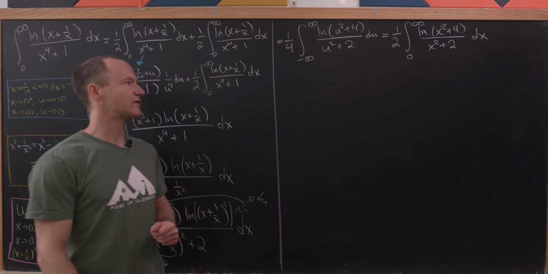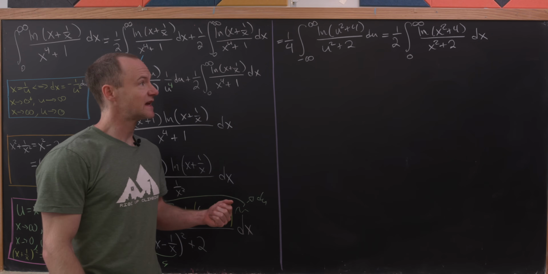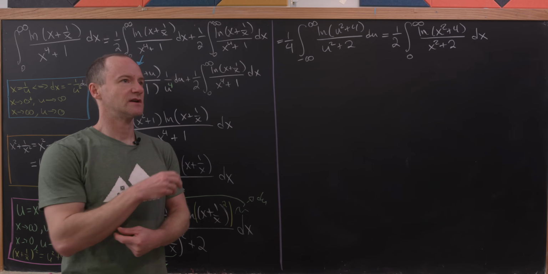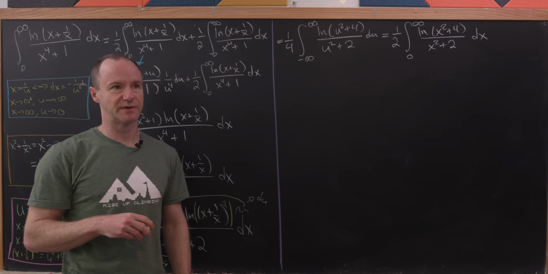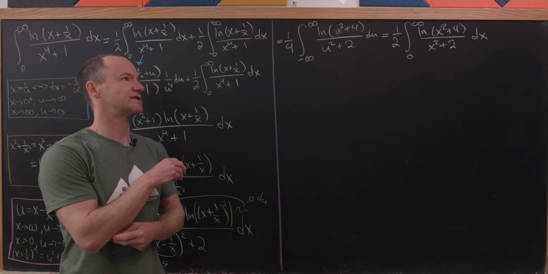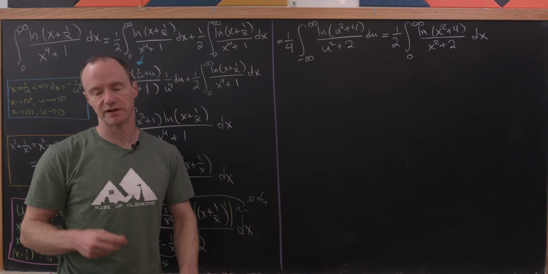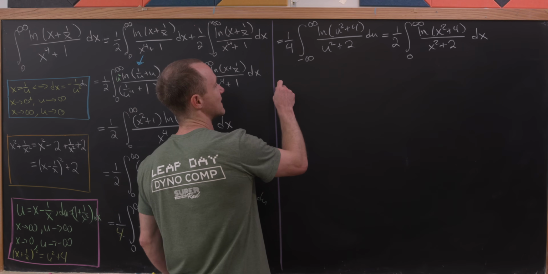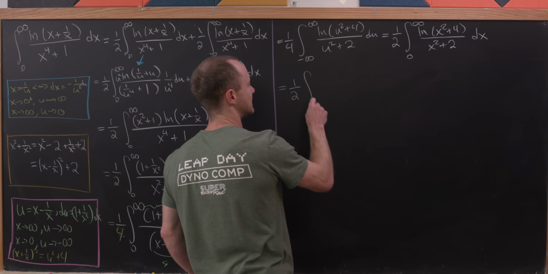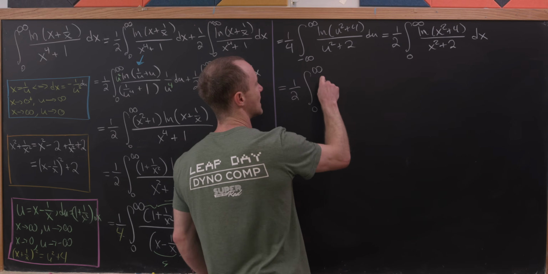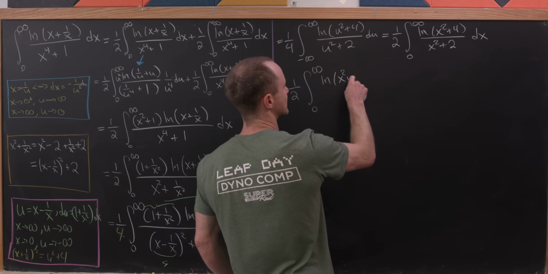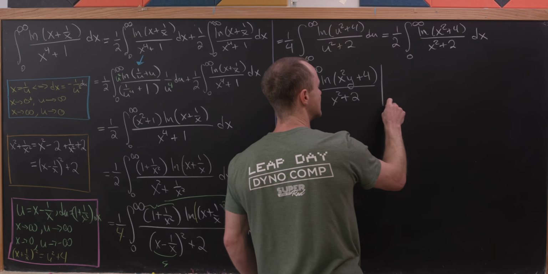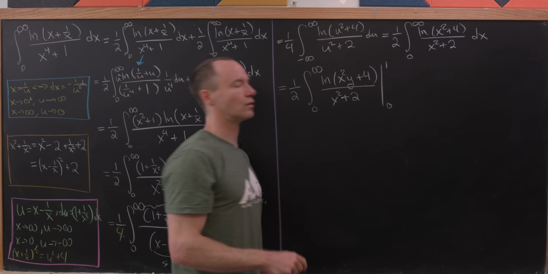Now I'm going to do one of my favorite tricks, which is to view this as a double integral. I'm going to first view it as the result of an inner integral that has been evaluated at some points, and then we're going to turn that into a double integral using the fundamental theorem of calculus. So let's observe that I can rewrite this as 1/2 and then the integral from 0 up to infinity of the natural log of x squared times y plus 4 all over x squared plus 2, evaluated from 0 to 1.